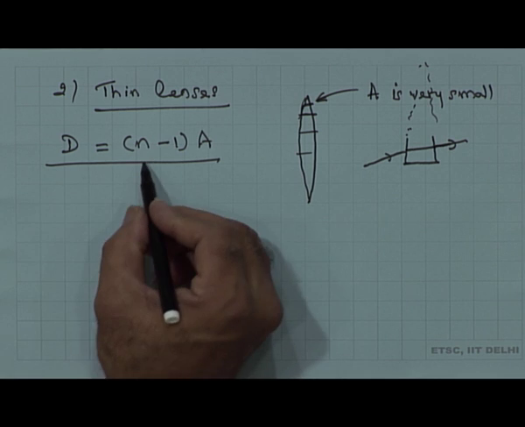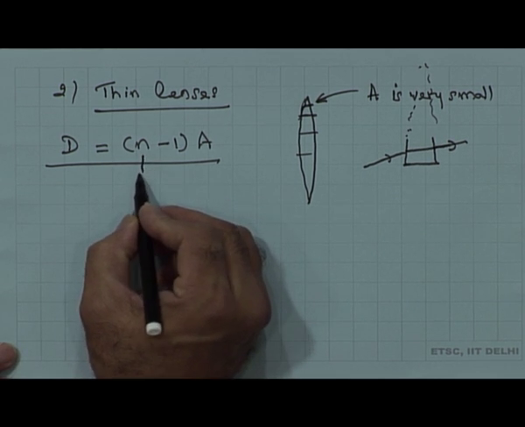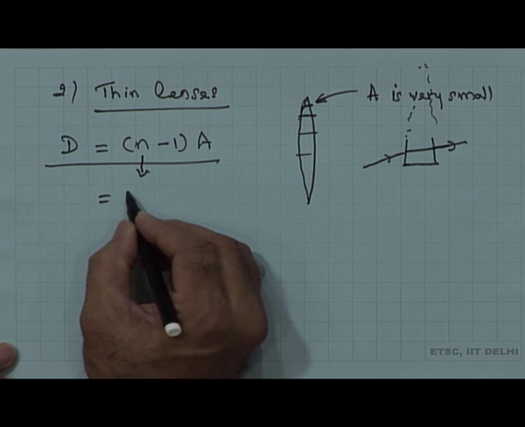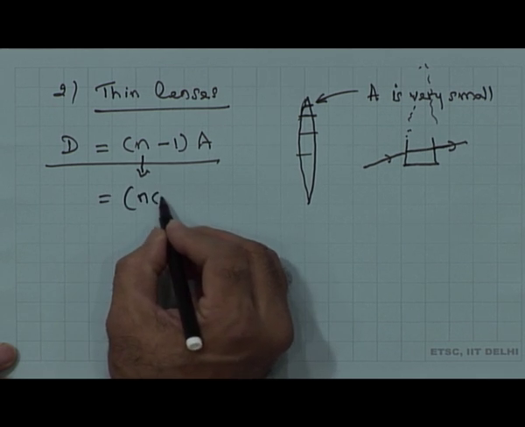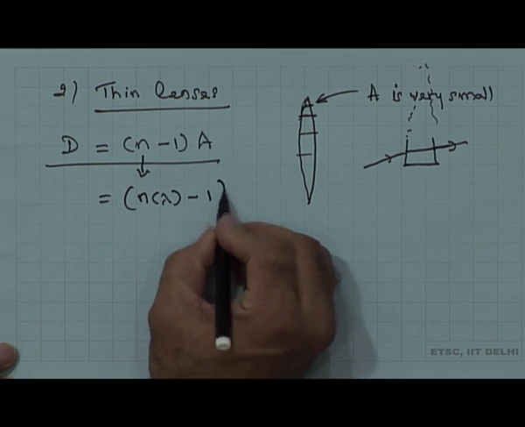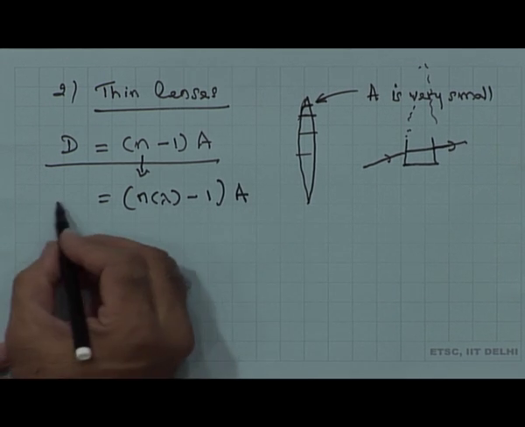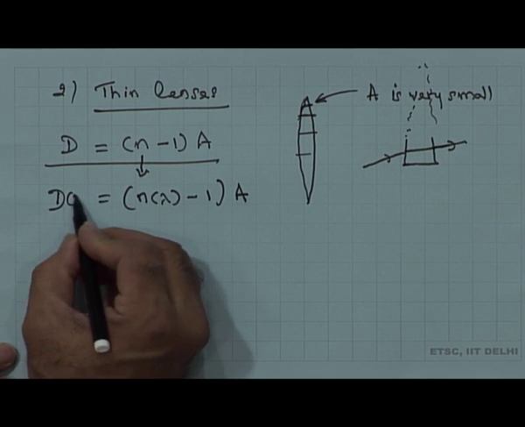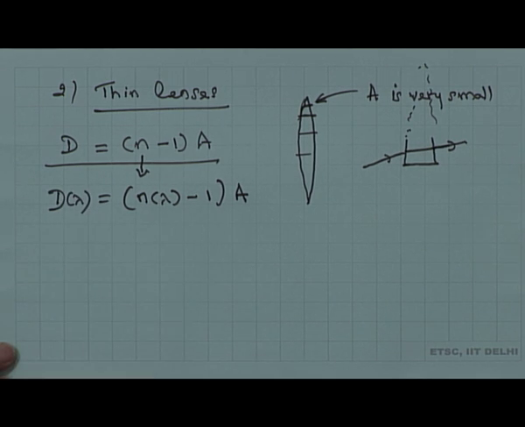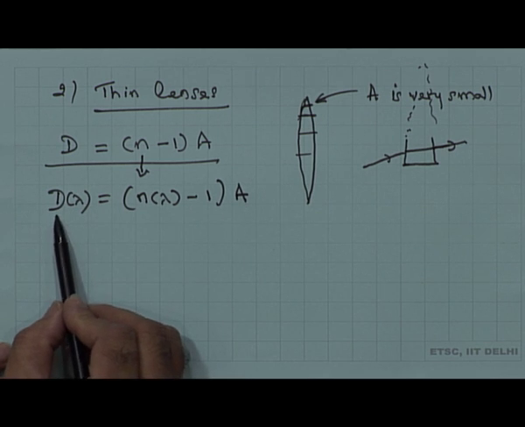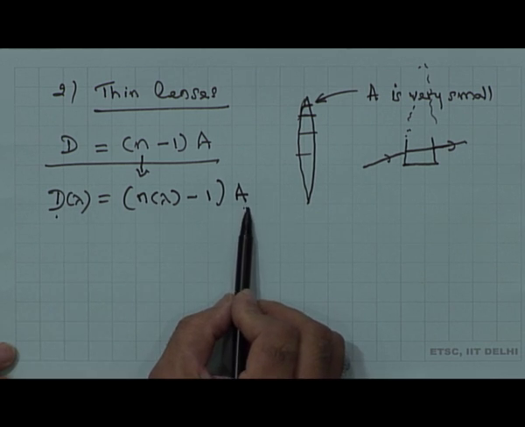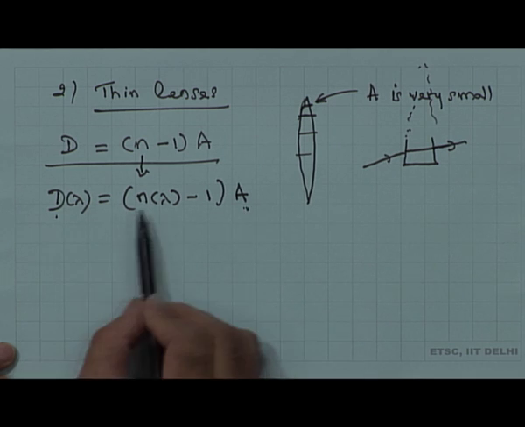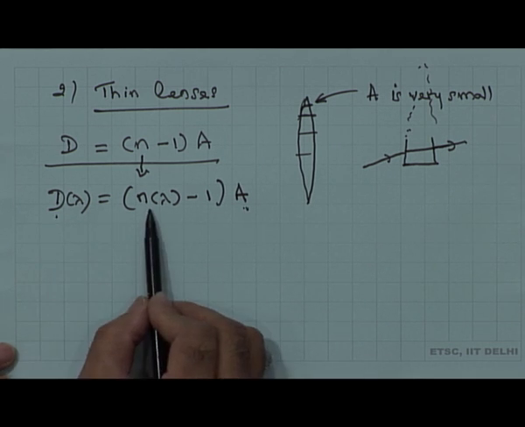What it means is, although n is a function of lambda, so strictly speaking this is (n of lambda minus 1) times A, therefore, D will have a dependence on lambda. However, D itself is very small if A is very small, and therefore, the dependence on n of lambda is very small.